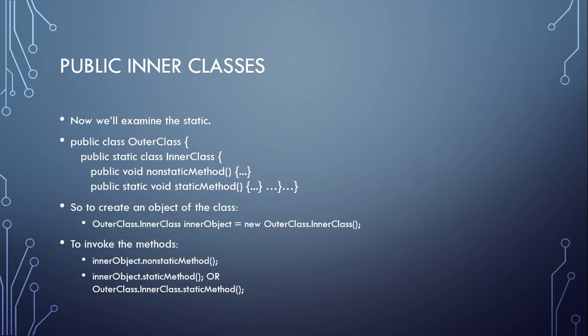But if I want to invoke the static method, I can either say innerObject.staticMethod, or the more in line with some conventions would be OuterClass.InnerClass.staticMethod. So you have some options there. Now, if you just wanted to say innerObject dot, that's fine. Just remember the big thing to keep track of here is how you construct these is going to vary based upon whether it's a private or a public inner class.